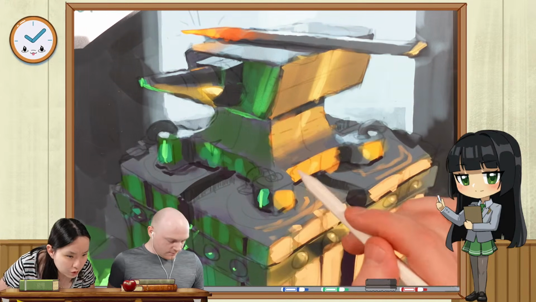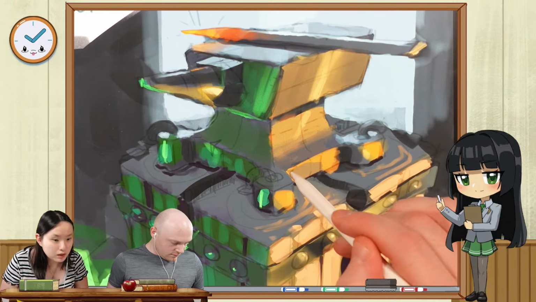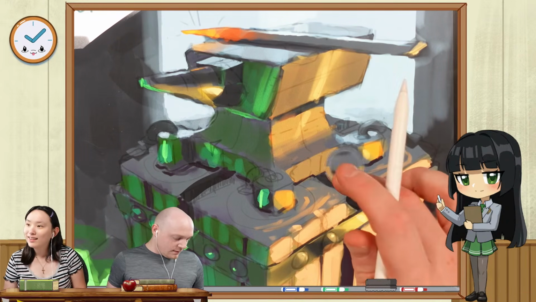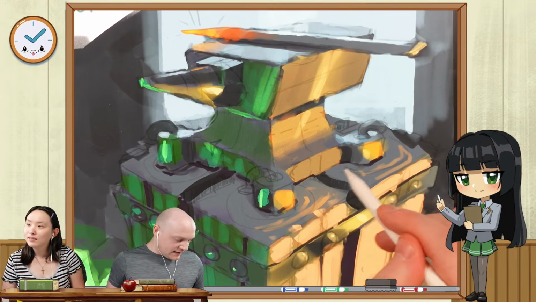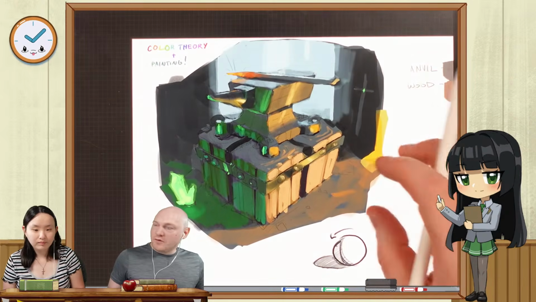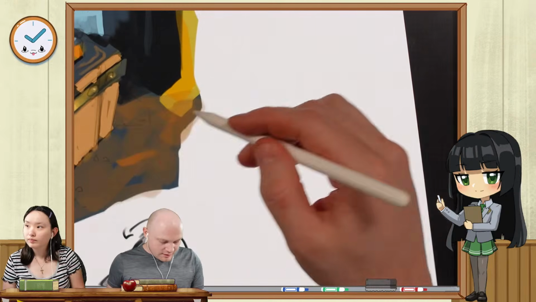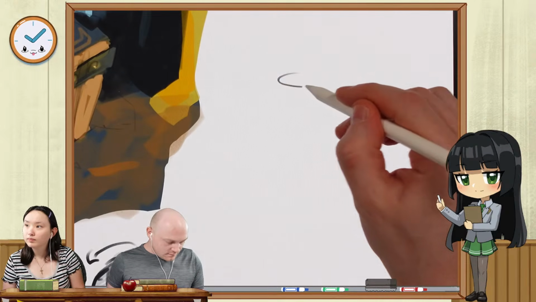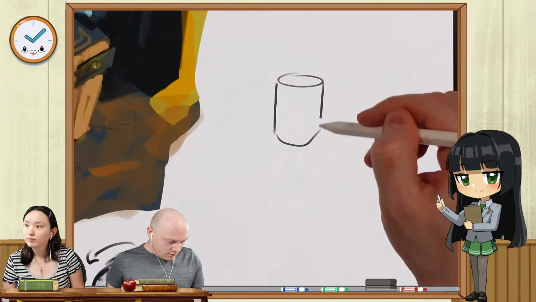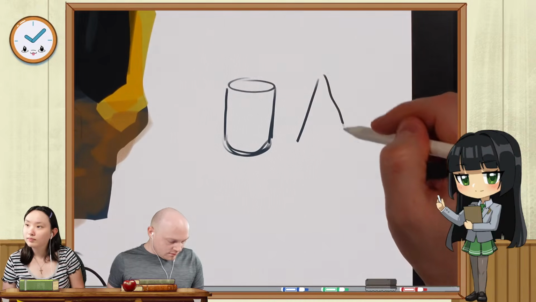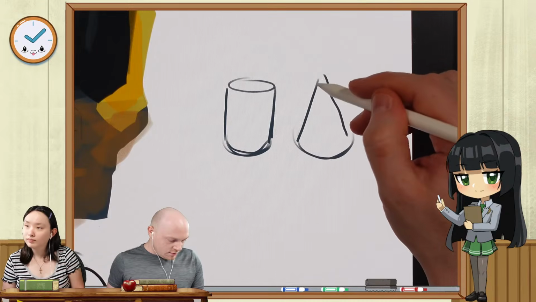Can you talk about how to do blending and shading for noobs? I don't blend, not really. I would say shading has more to do with your basic form rendering principles. So learn how to render a cylinder. Learn how to render a cone.